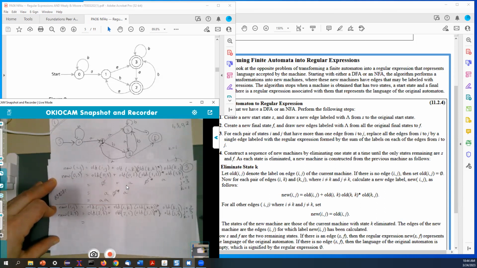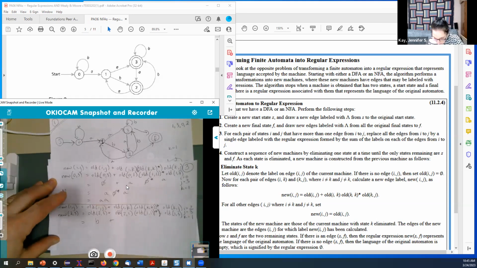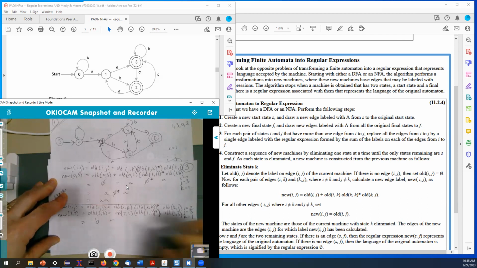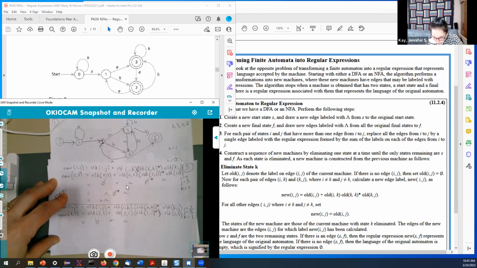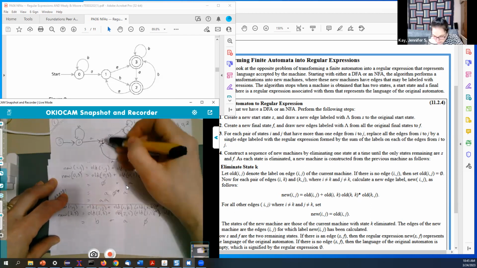So what did you say the old 2 to 3 is? B. Plus the old 2 to 1, A. The old 1 to 1 starred; what's the 1 to 1? Empty set. There's no loop, so empty set.